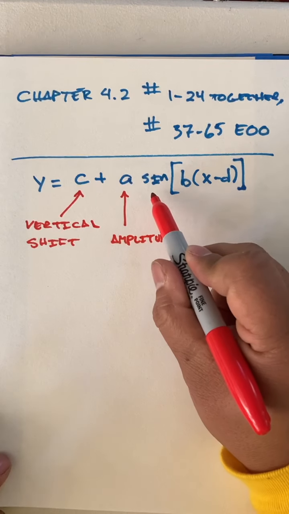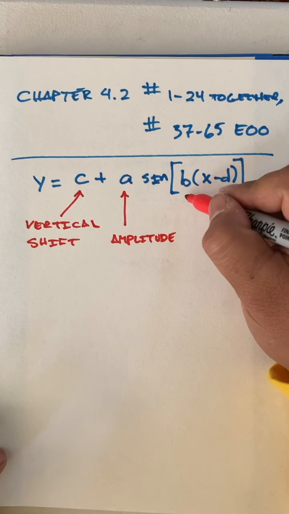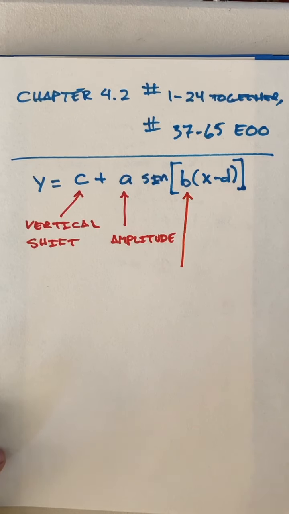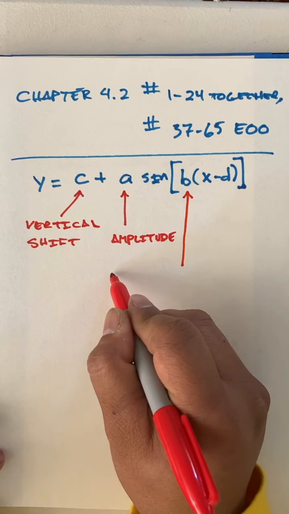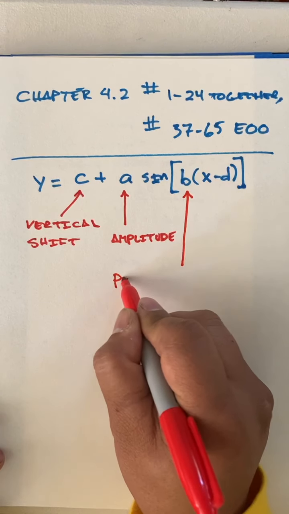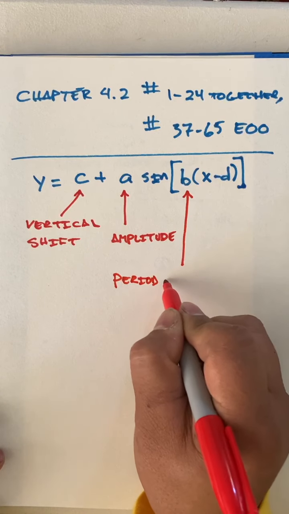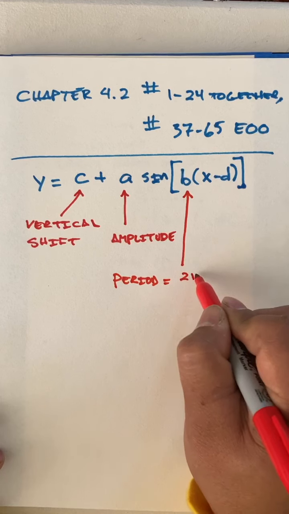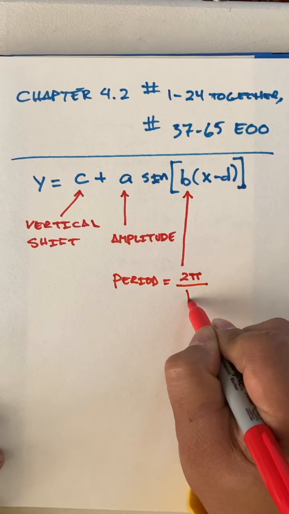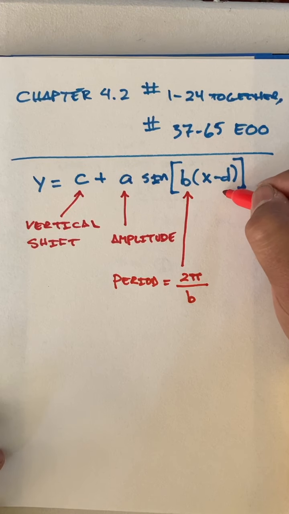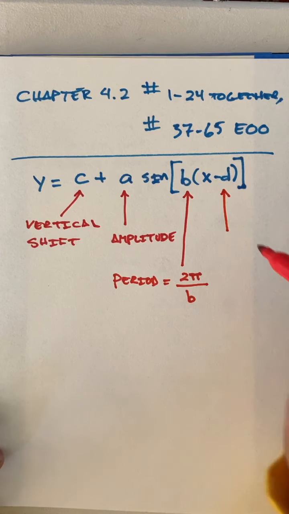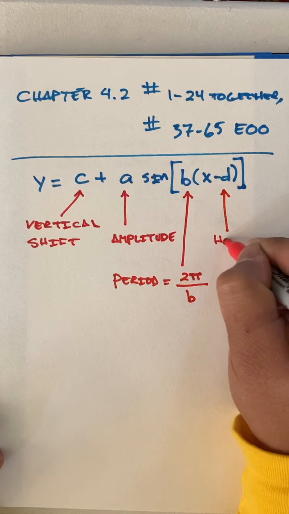Okay, and of course sine is your function. B is not the period. Okay, the period is equal to 2 pi over that letter B. Okay, and then this little d here is going to be our horizontal shift.